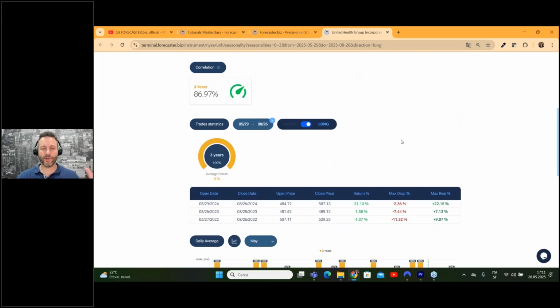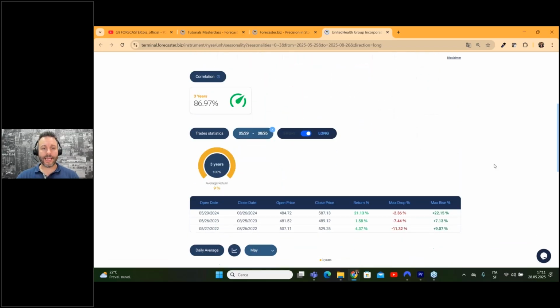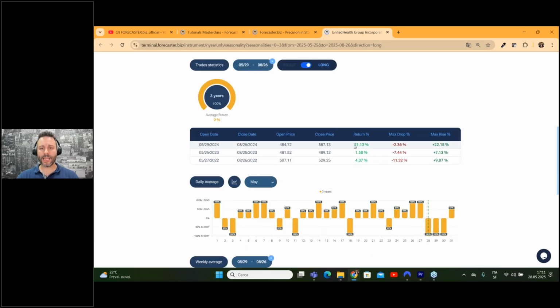So for example, in this specific period, which goes from tomorrow until the end of August, 3 months, of course, in the last 3 years, we had 100% winning. It means we had a positive return in every year in the last 3 years, with an average return of 9%.